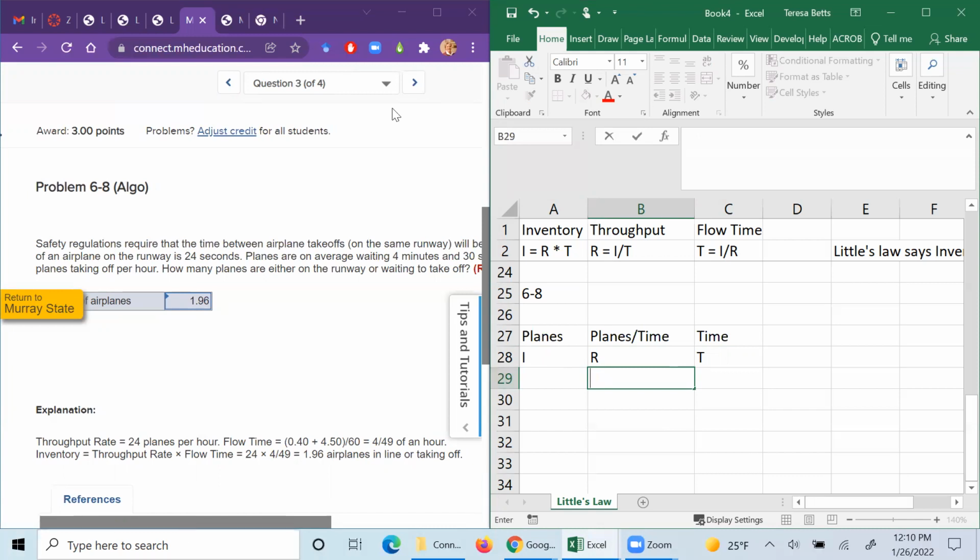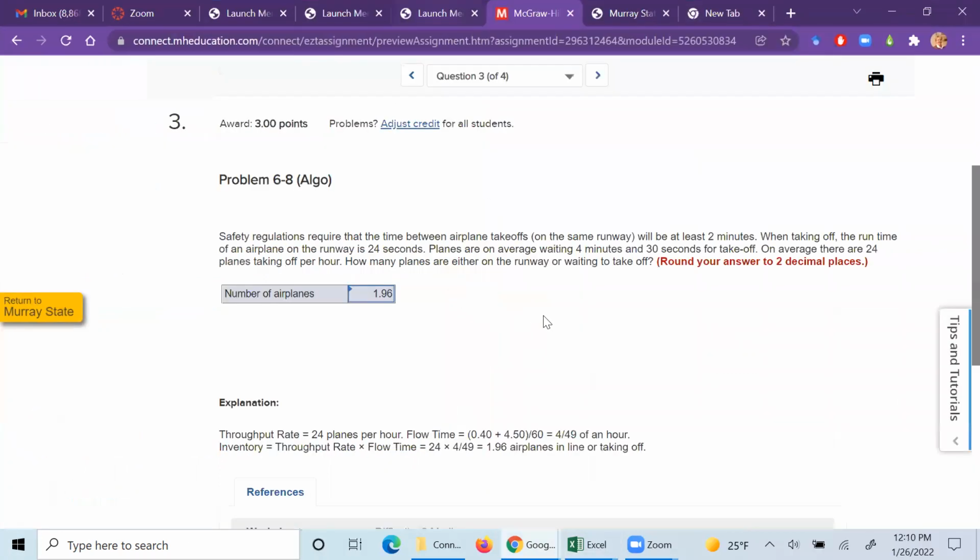Let me read this again. There are 24 planes taking off per hour. That's our throughput, right? It's planes per hour, right?